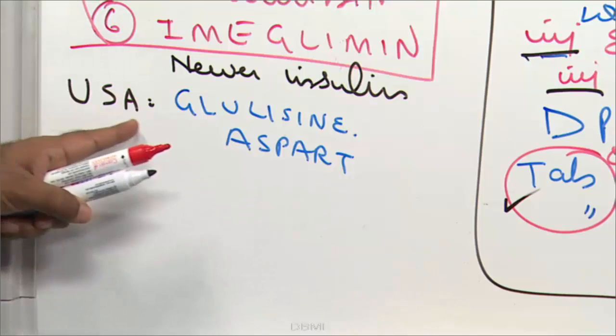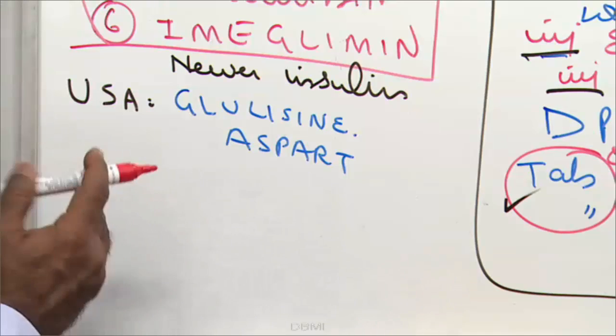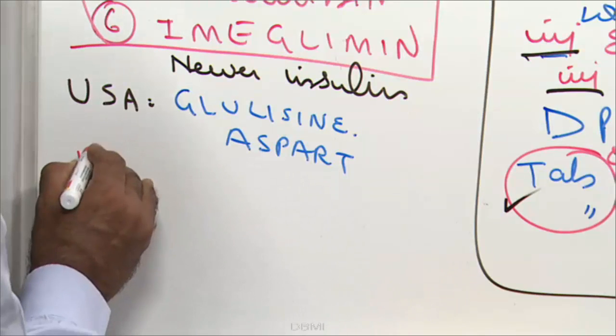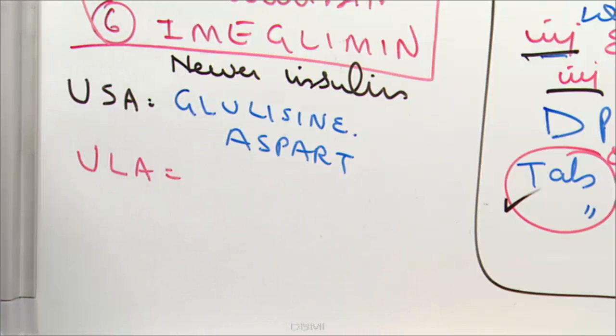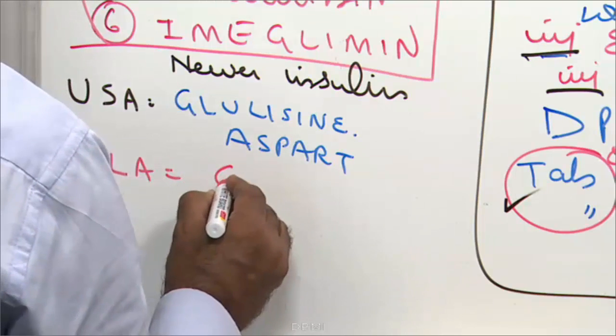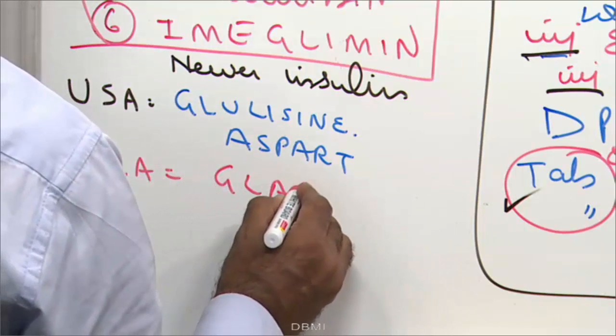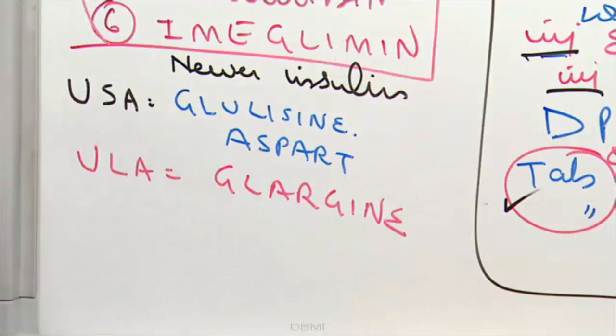Ultra short acting glulisine and aspart, their injections of course. Then ultra long acting insulins. They include glargine and injection detemir.